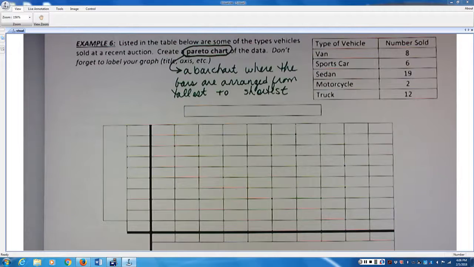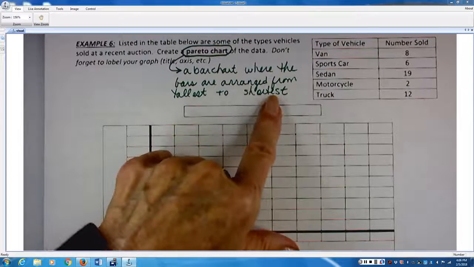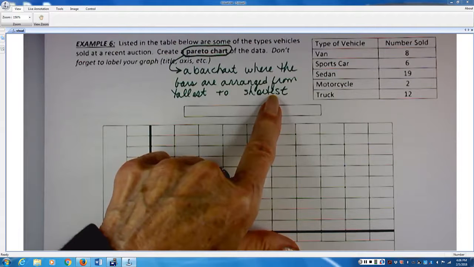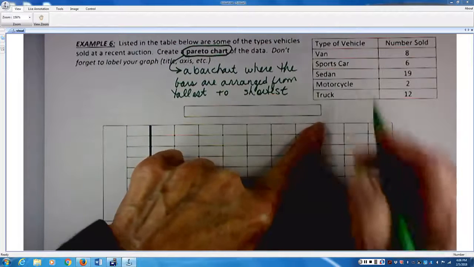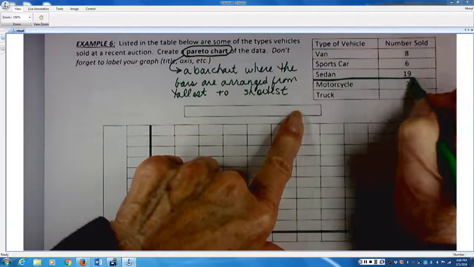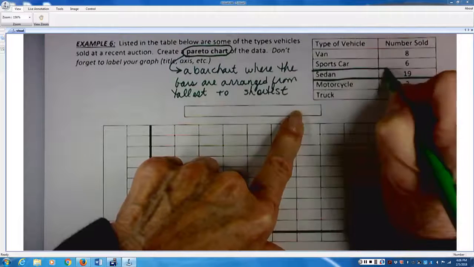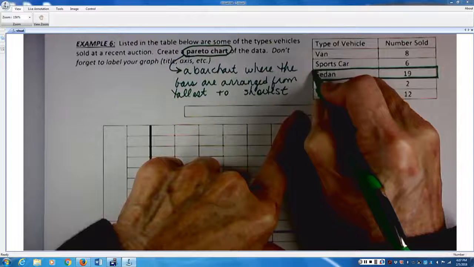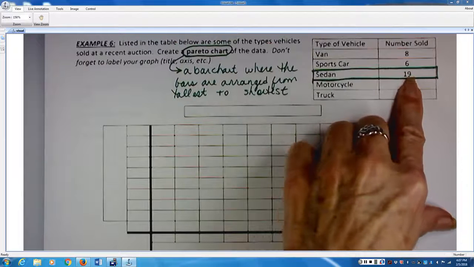That's the important difference. They're arranged. The tallest bar comes first and the shortest one comes last. So since we're making a bar chart that is arranged from tallest, our tallest is going to be this one. It's going to come first because it has the highest frequency.